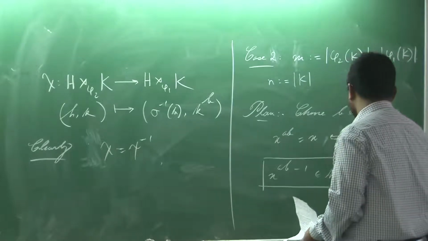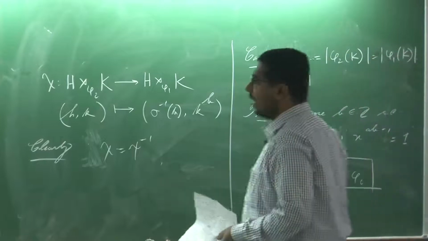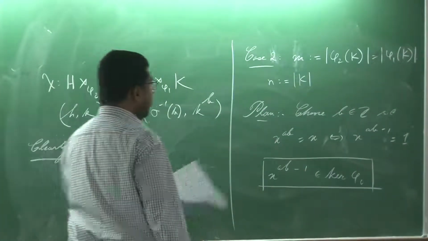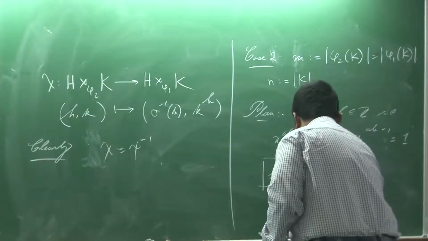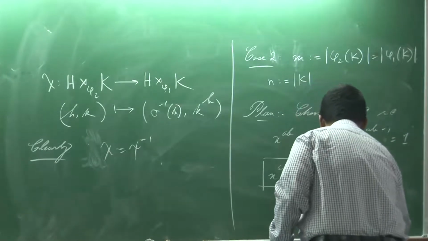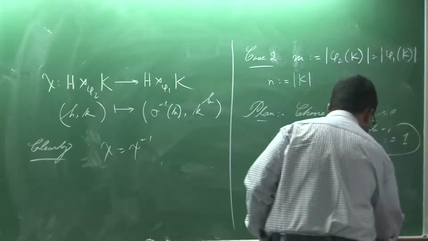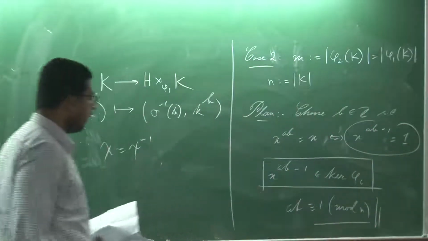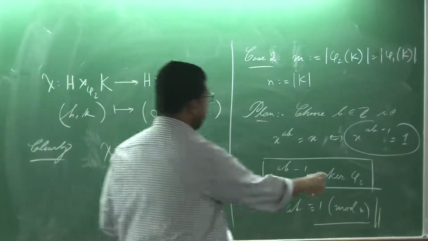This is the same as saying x to the power ab minus 1 is identity, and can one assure that? It can be assured if ab happens to be 1 modulo n. This cannot happen unless this happens; in fact these are equivalent.